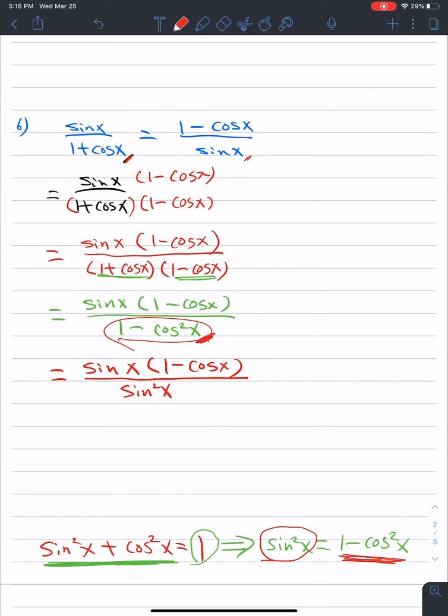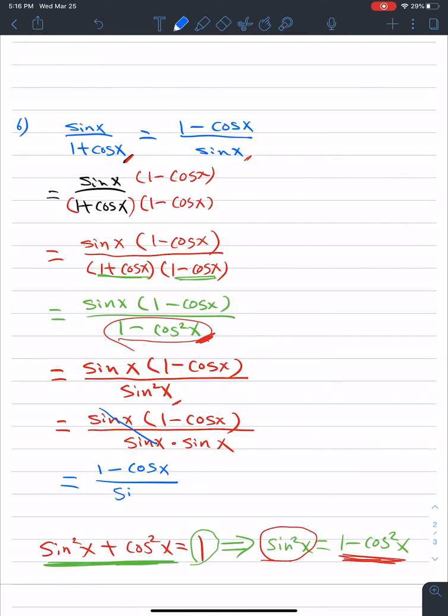And then since it is squared, I write 2 of them. One of them cancels. So I got 1 minus cosine on the top and sine on the bottom. So are they exactly the same? Yes. I'm done.